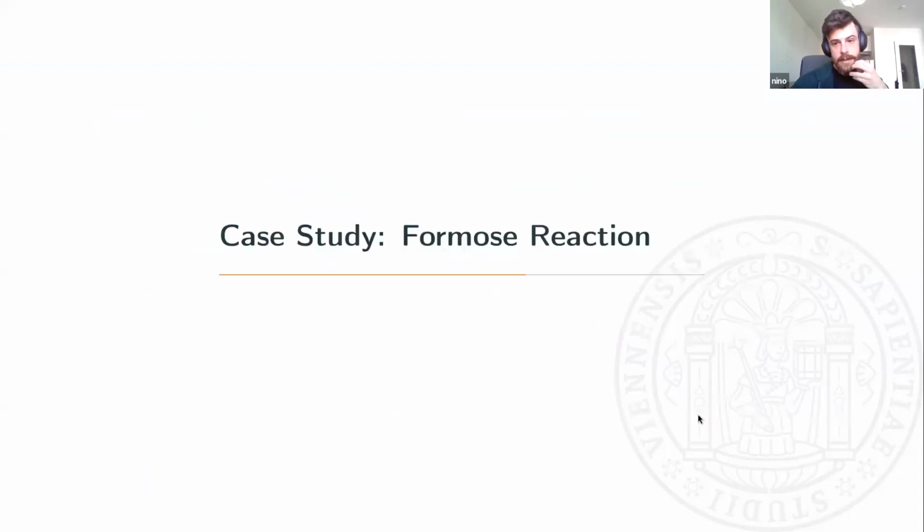Okay, let's look at a simple case study. I chose the formose reaction, not because it's an interesting system, but because it's a very well-studied system that also has a very simple chemistry that's easy to approximate in this rule-based method.